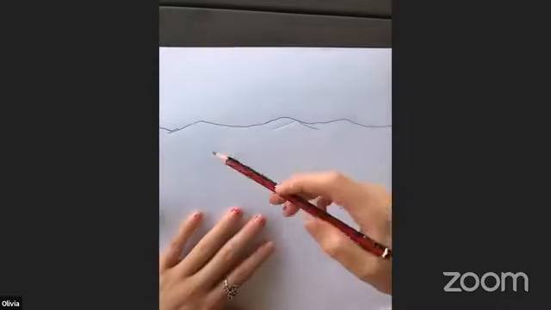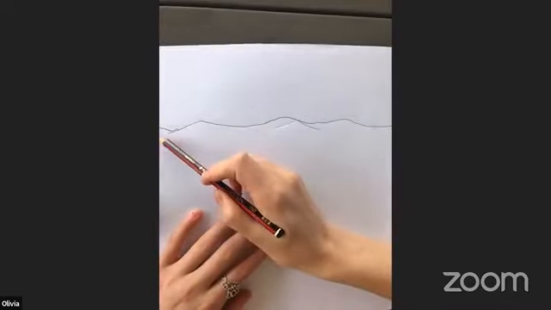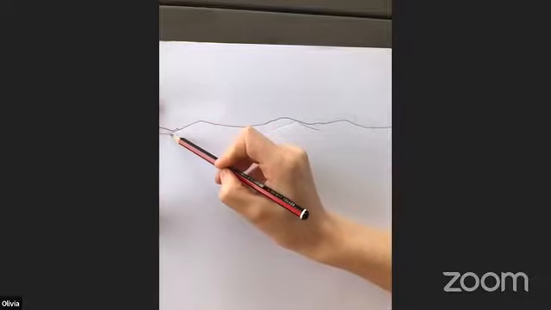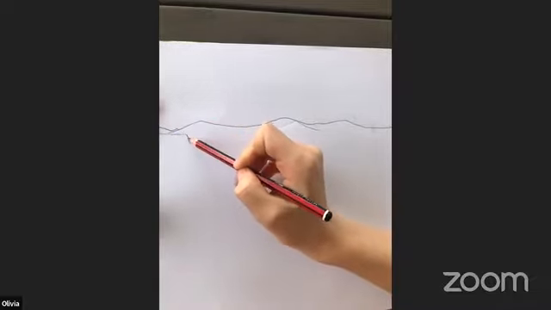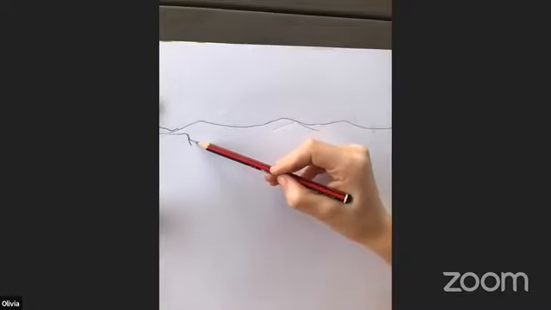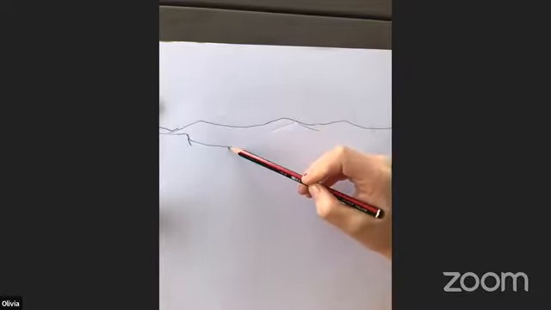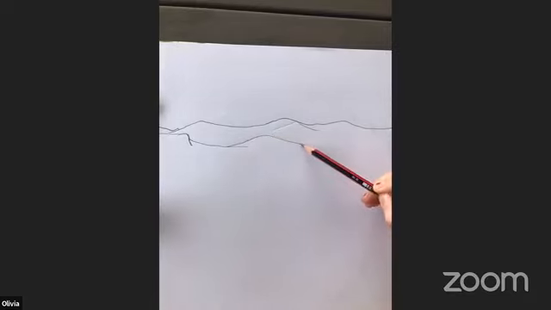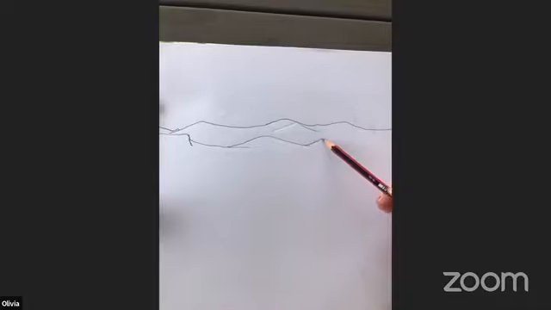Okay, so when you've done that, we're just going to go a little bit closer. So we always start with the background and then we just get into the foreground. So might add another ledge here. You can really get creative with the mountains in the background. And just add a few more, just a bit closer. And this is like when we did our waves, except we're not really making them pointy at the top.